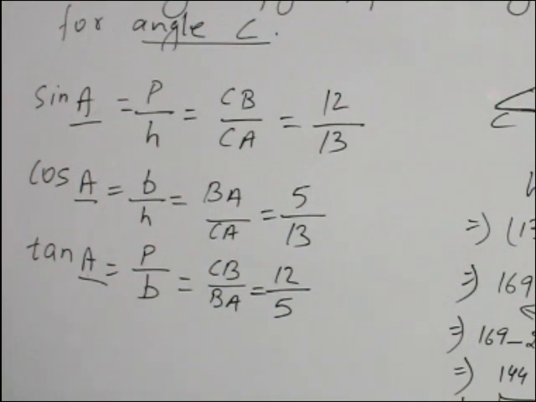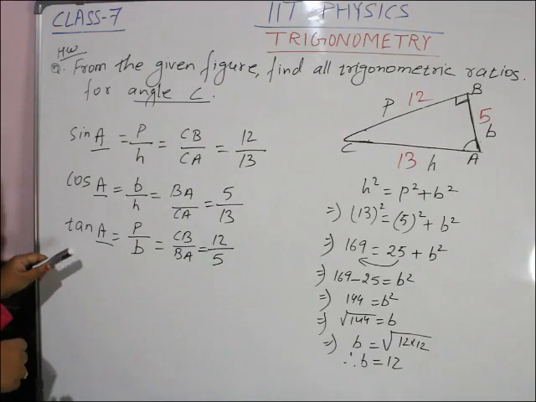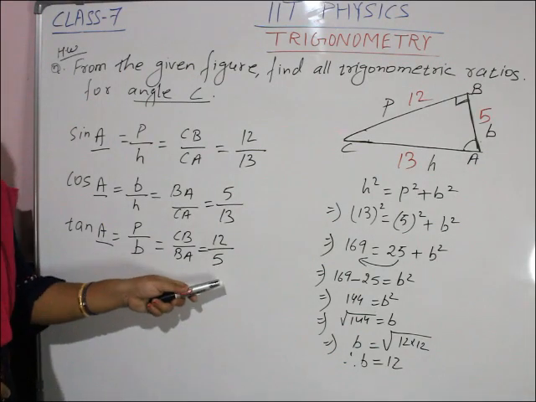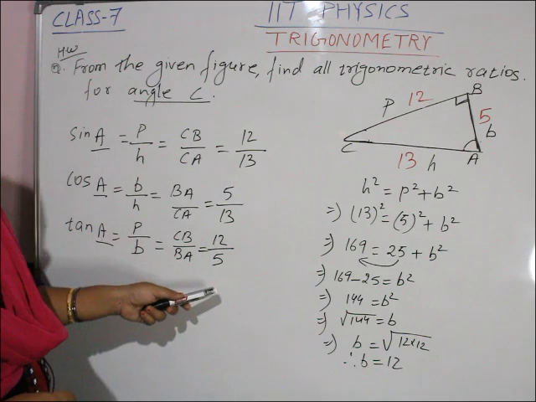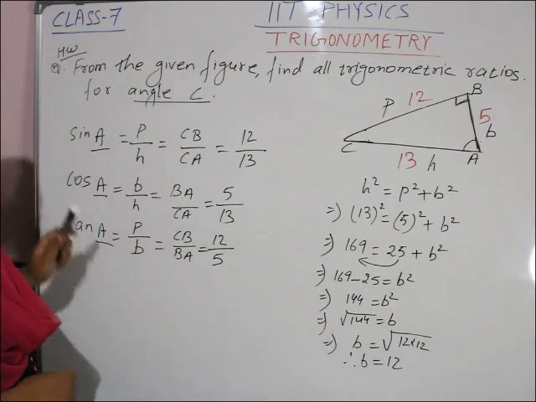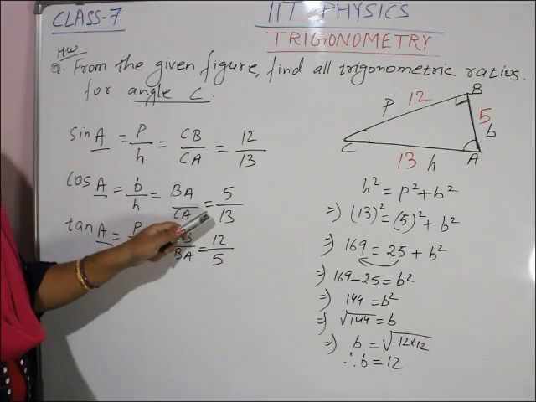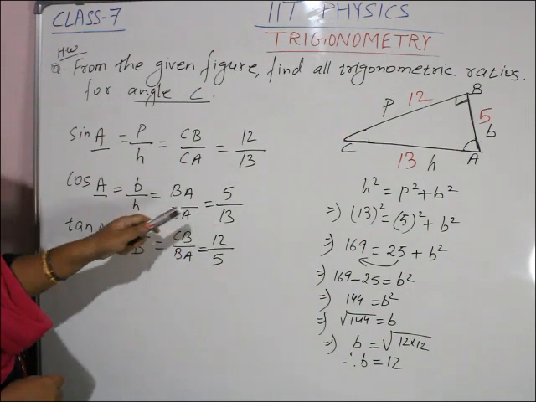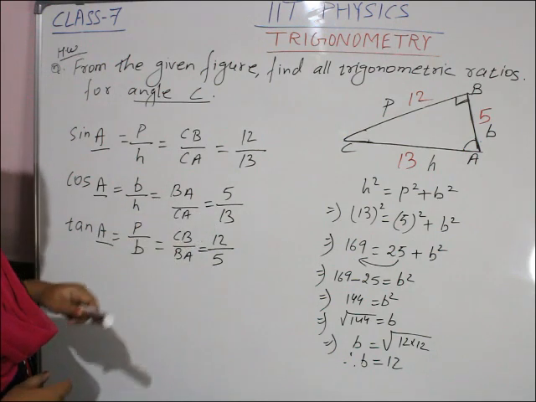If we got these three, the next three we can also find. How? If tan A is 12 by 5, cot A will be 5 by 12. If cos A is 5 by 13, sec A will be 13 by 5.